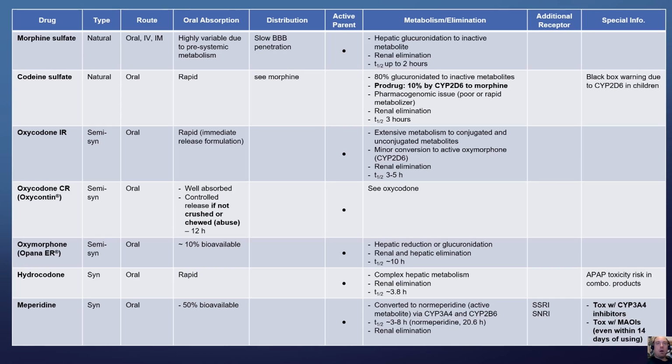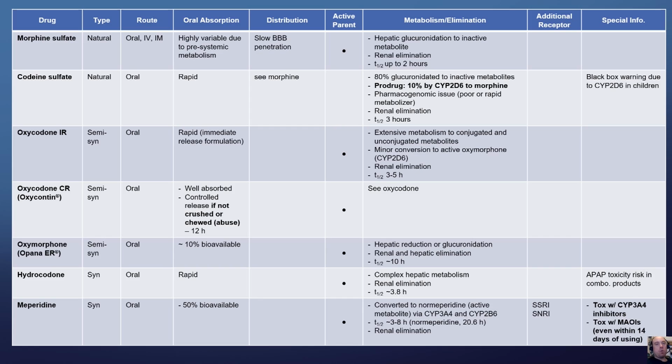And then the next column might not be obvious, but this is: is the drug active as the parent compound? That means when it is administered, is it already active, or does it need to be activated by metabolic enzymes? So if you have a dot here, that means it's already active. Morphine's active when you give it. Codeine is not. It needs to be metabolized.